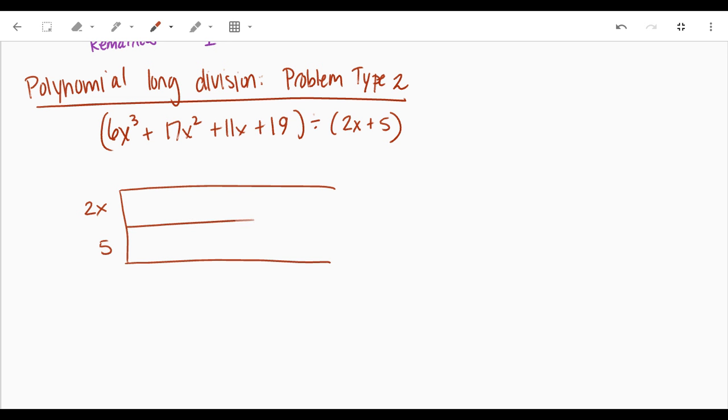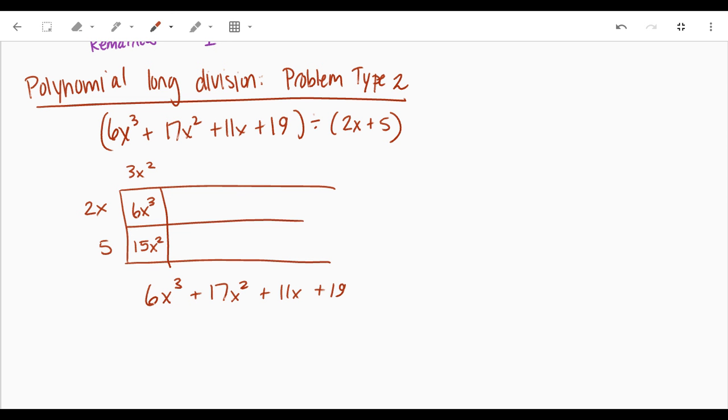We're going to put in the 2x plus 5, and your goal is 6x cubed plus 17x squared plus 11x plus 19. You put the 6x cubed and then start filling in. If that's a 6x cubed, this needs to be a 3x squared, which makes this 15x squared.